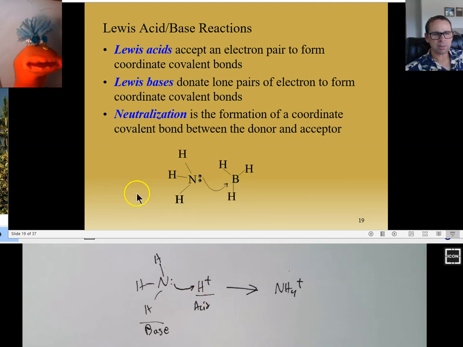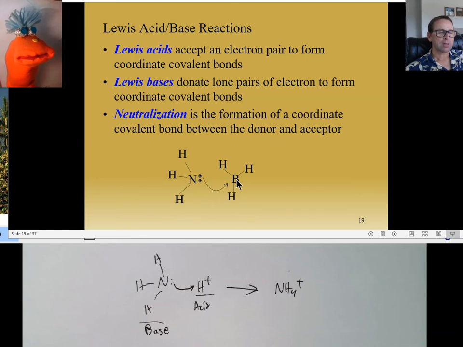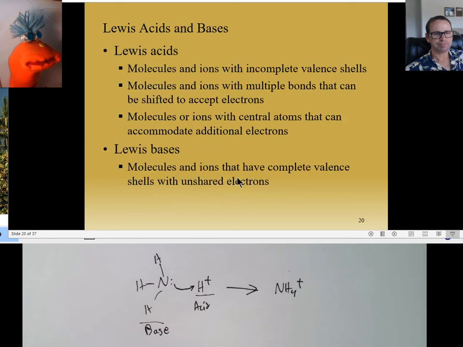That means that in this system, BH3 is the Lewis acid, because Lewis acids accept the share in an electron pair. The Lewis base donates the electron pair. So in a Lewis acid-base reaction, neutralization is the formation of a covalent compound between two molecules.